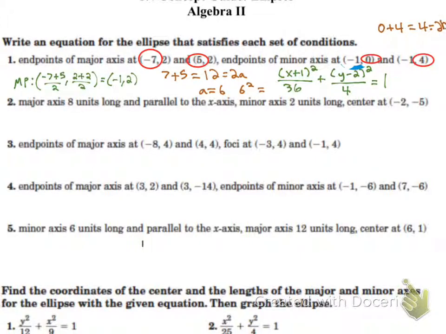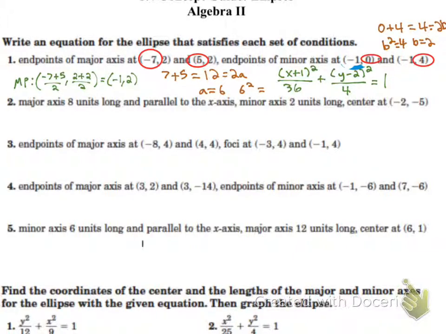But remember, that's 2b, the full length. So that means b is 2. So b squared gives me that 4 below right there, and I have my equation of the ellipse. Again, for that minor axis, you could use your distance formula, which would have given you 4, and that would have been fine.